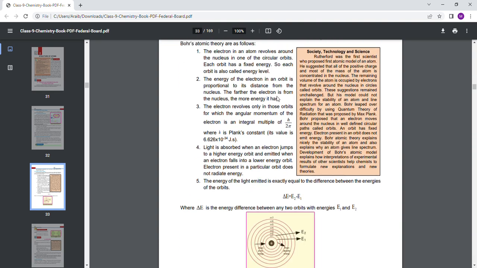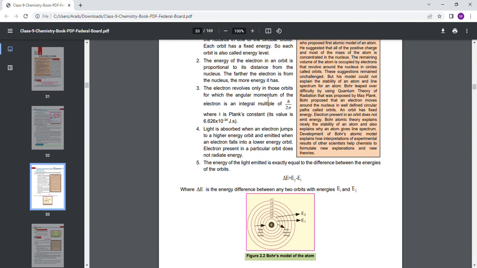Third, the electron revolves only in those orbits for which the angular momentum of the electron is an integral multiple of h divided by 2 pi, where h is Planck's constant. Its value is 6.626 multiplied by 10 power minus 34 joule-seconds.